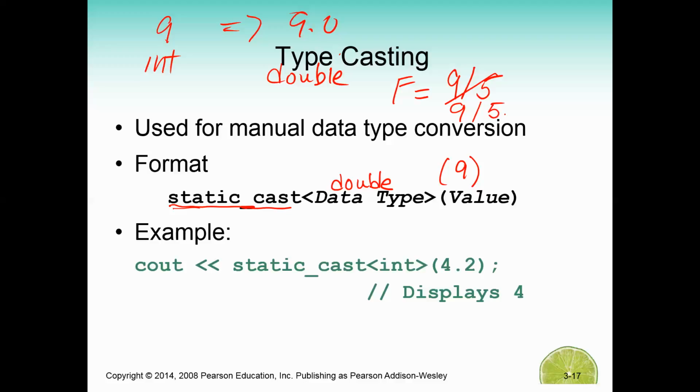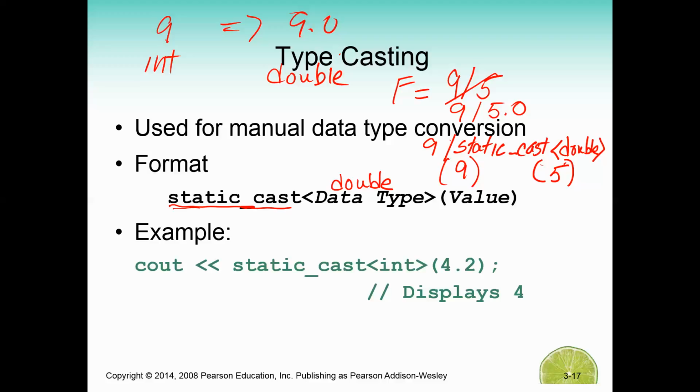Another method will be 9 divided by static cast, open the angle brackets, put double here, close the angle brackets, and then in parentheses put the 5 and close it. We don't need to put the 5.0 because that's what it's going to be changed to, right? We had to put the original value, which is 5.0.